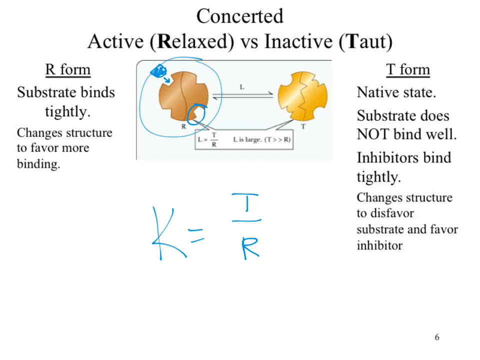So with this mechanism, we're really concerned about an equilibrium between these two states. So what happens when the substrate does end up binding to the R form? Well, now it's no longer R, it's R plus substrate. So what happened to the concentration of R if substrate binds? It goes down. We're no longer at equilibrium. What happens?